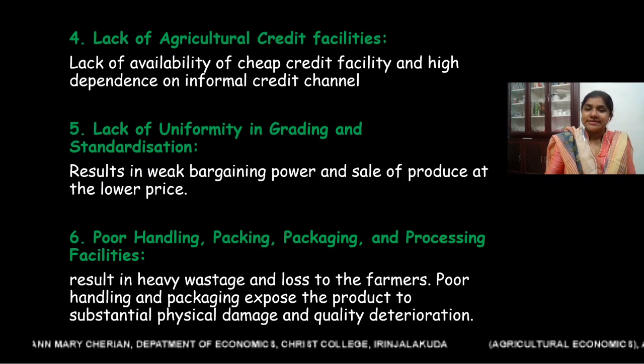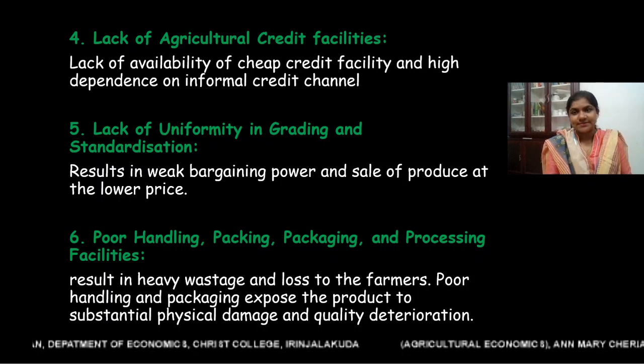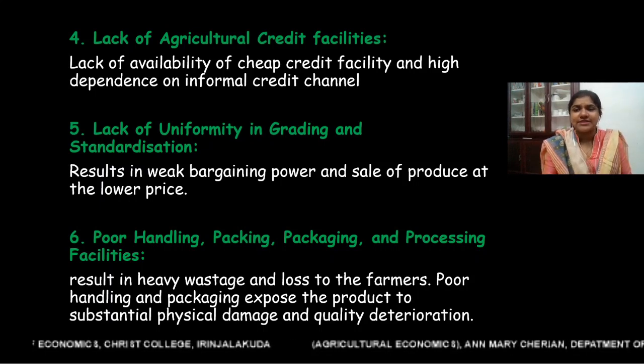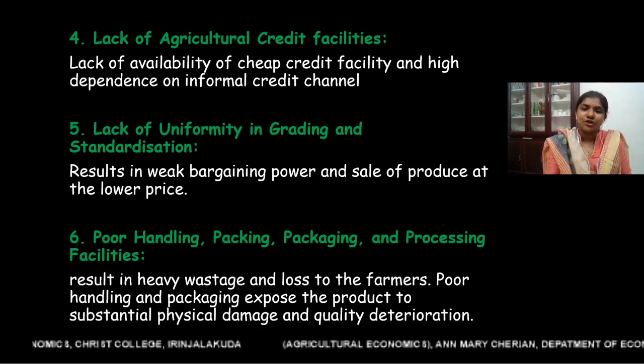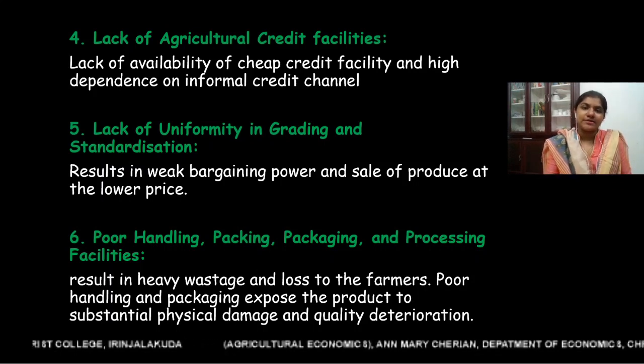Now, the sixth point, poor handling, packaging, and processing facilities. Lack of proper instruments for handling and processing, and lack of scientific techniques for packaging of agricultural products results in heavy wastage and loss to the farmers.